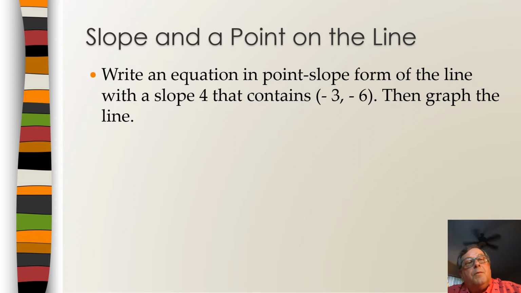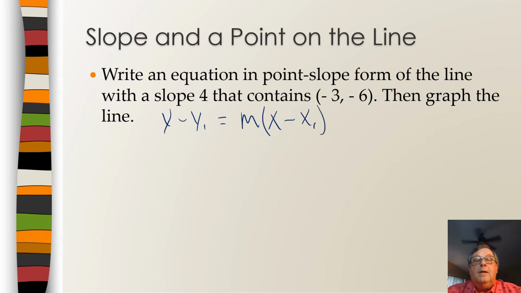Now, point slope is in this form: y minus y1 equals m, the slope, times x minus x1. From here we can substitute in our slope, and we can substitute in the coordinates for -3, -6.